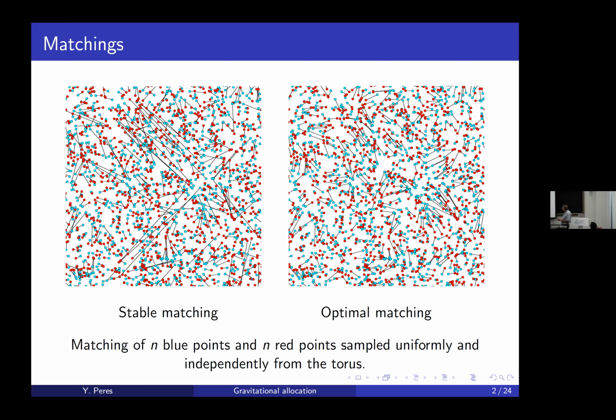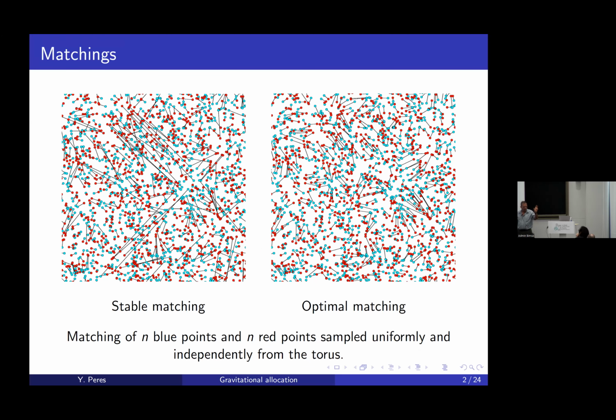We have several hundred points here, maybe 300 reds and 300 blues. And on the right, you see the optimal matching that minimizes the sum of the lengths between the reds and blues that are matched.